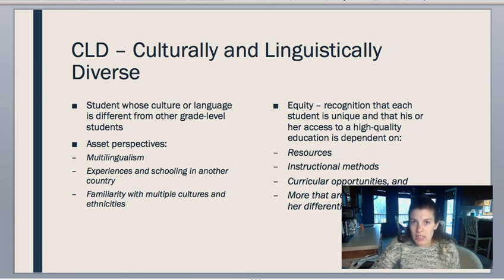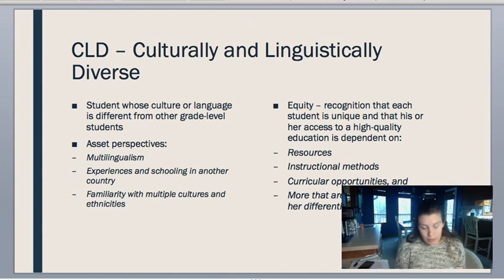And in the text, there are different perspectives. As educators, we would take the asset perspective, meaning that these students bring rich experiences to our classrooms. So with that, different languages, they have experiences and schooling in another country, and they're familiar with multiple cultures and ethnicities.